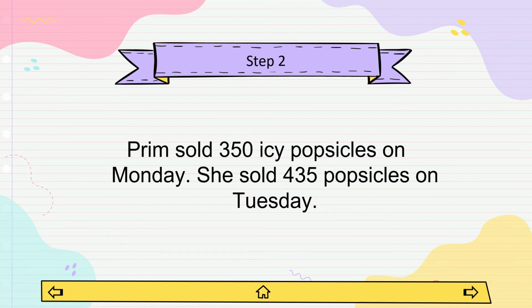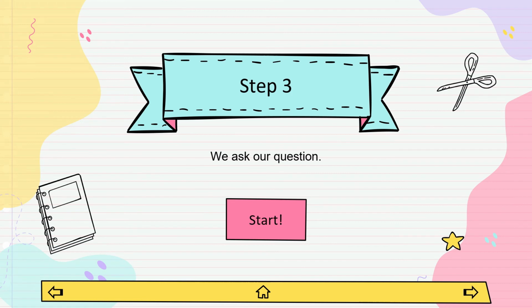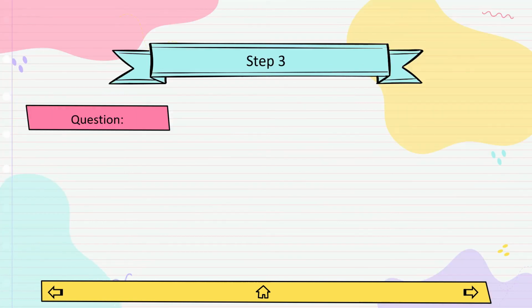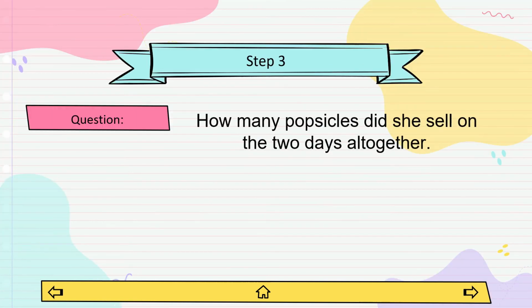So we add names and things. Our question. So what will be our question? The question is, how many popsicles did she sell on the 2 days altogether? So that will be the question.